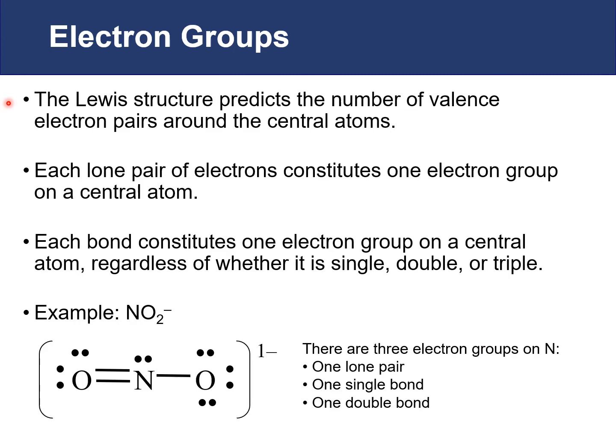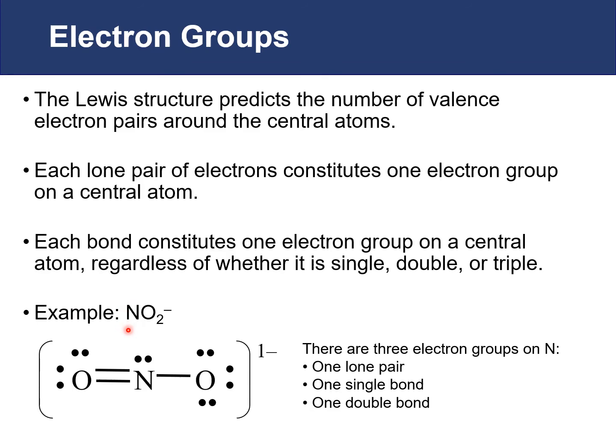We can use the Lewis structure to predict the number of valence electron pairs that will be around the central atom. Each lone pair of electrons constitutes one electron group on a central atom. Each bond also constitutes one electron group on a single atom. This is regardless of whether that bond is a single, double, or triple bond.